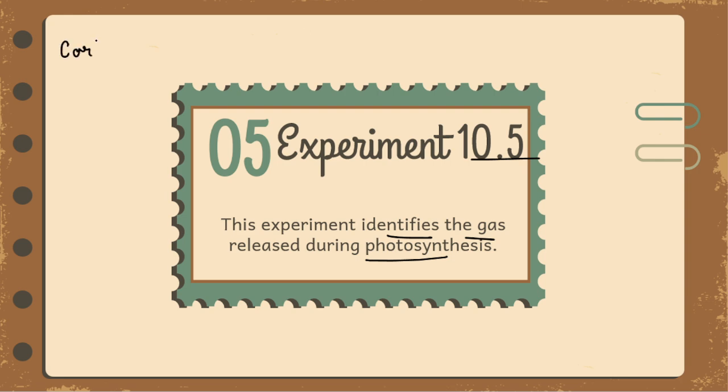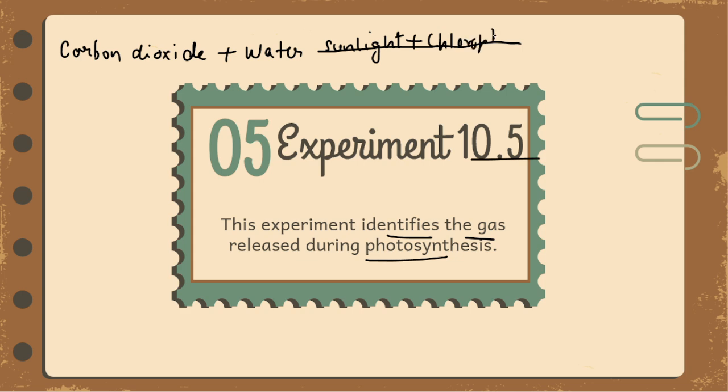Carbon dioxide plus water, in presence of sunlight and chlorophyll, gives oxygen and glucose. So, this is what the whole photosynthesis process is, and it is summarized in this one equation.